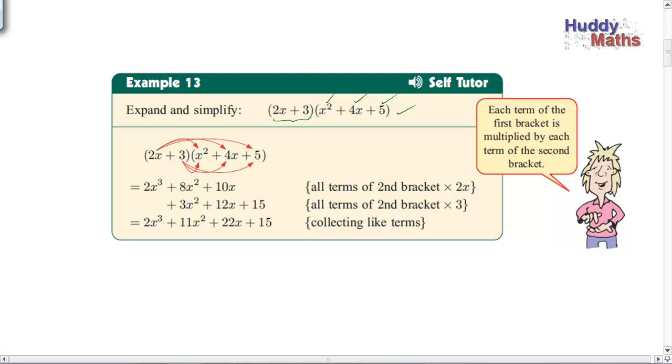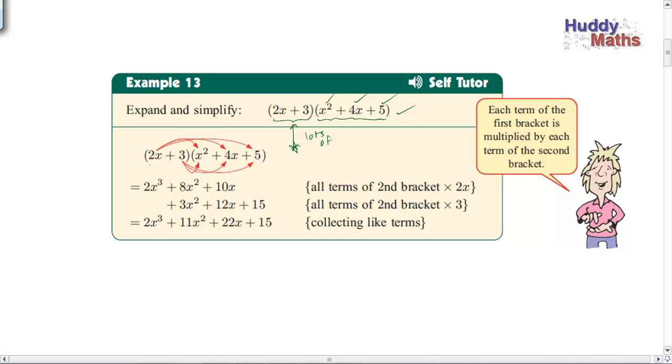It means we've bundled up 2x lots of this and 3 lots of this. That's what that means. We have a bundle here of 2x plus 3 lots of the second bracket. That's what we're meaning there when we write that notation. So now we're going to expand it into all the things that means.